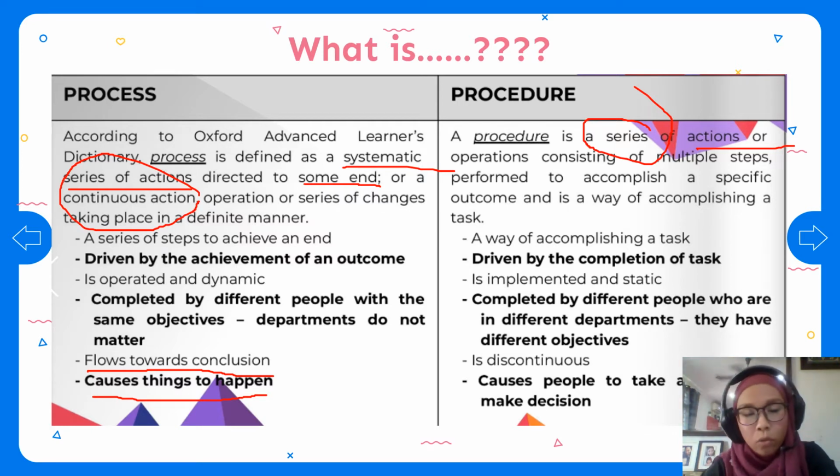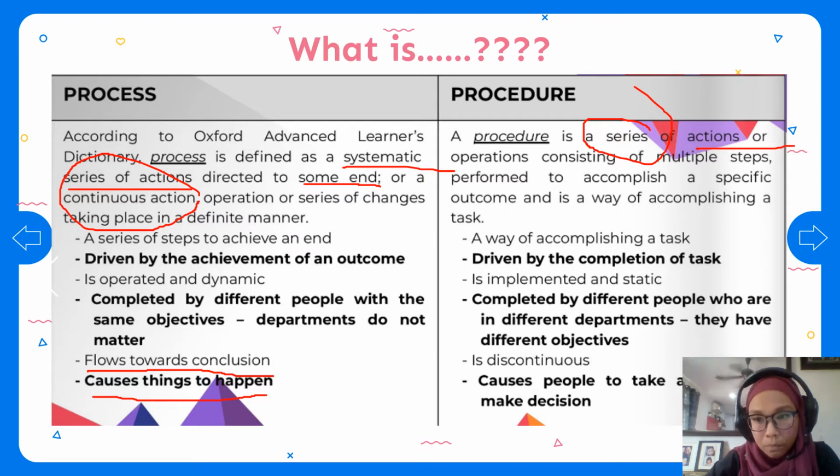If you are not following the procedure, the end product is not going to be the end product. For example, if you are baking a cake, the product should end with a cake. If you are not following the procedure of baking a cake, the outcome is not going to be a cake, maybe a cake bantal like that.